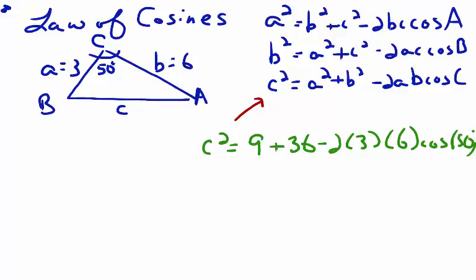Plugging these values into a graphing calculator gives us a value of C squared approximately equal to 21.86.